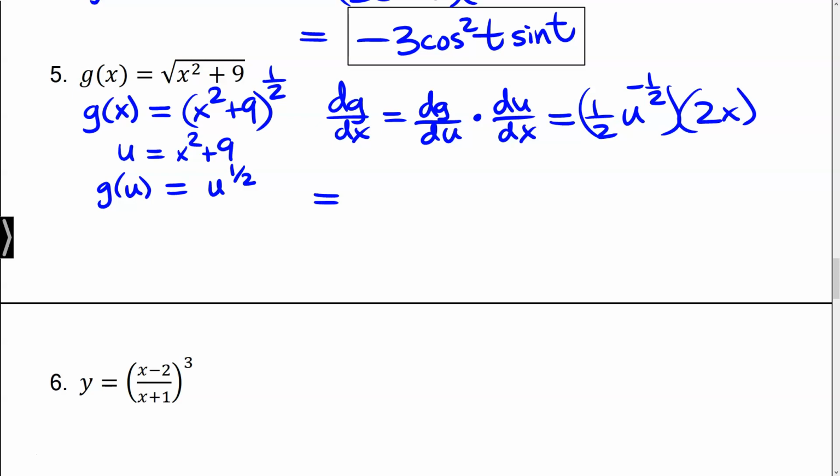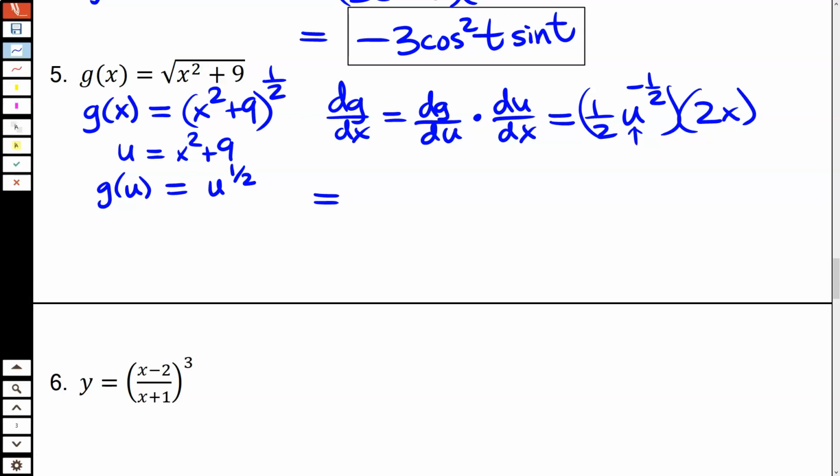Now, to really express this, not only should I plug back in the x squared plus 9 for u, but I should also take the exponent and make it look more like the original function. So the minus, I should put in the bottom. The 1/2 I should convert back to a square root. Again, you don't have to do this, but it's just kind of nice.